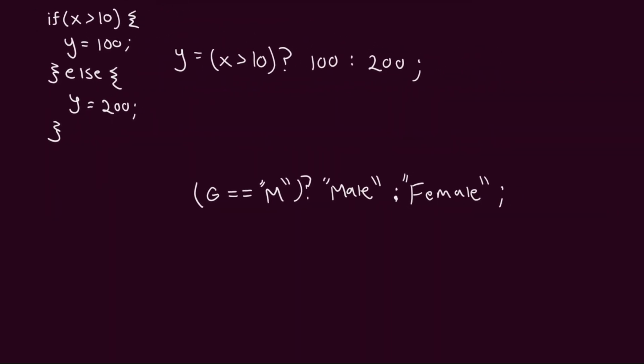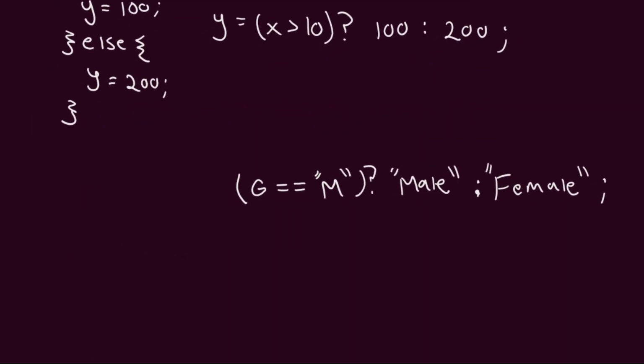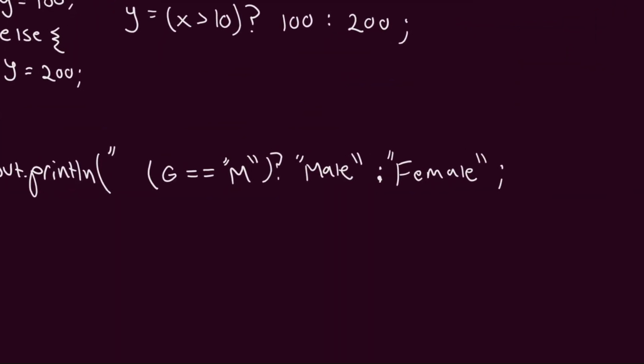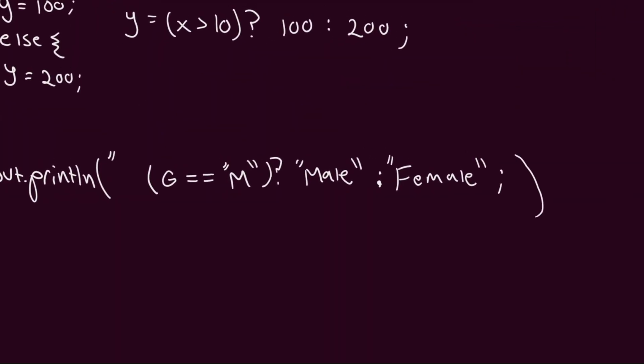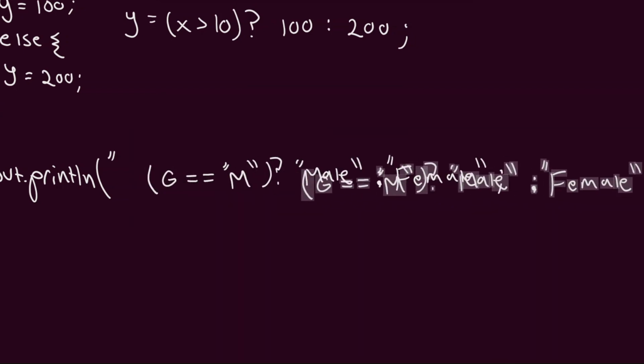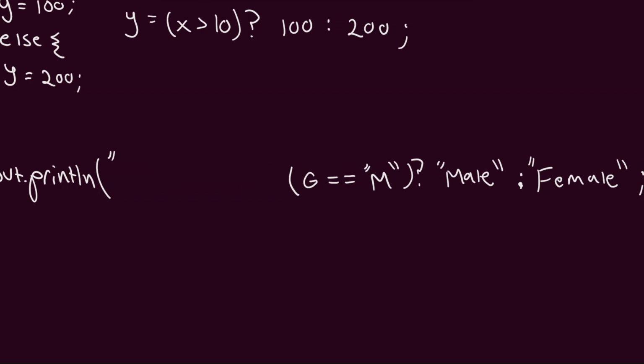And then we can encompass this into a print statement. We'll do System.out.println, and print "My gender is".